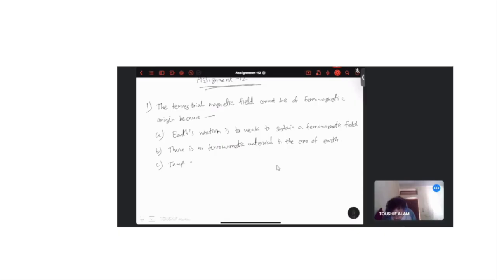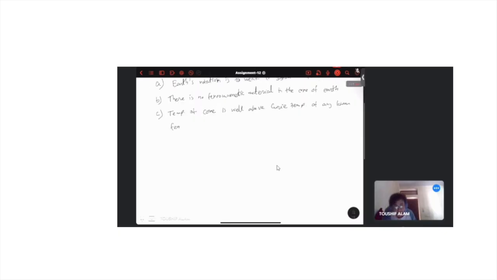Temperature of core is well above Curie temperature of any known ferromagnetic material. Material in the Earth has its own magnetosphere.